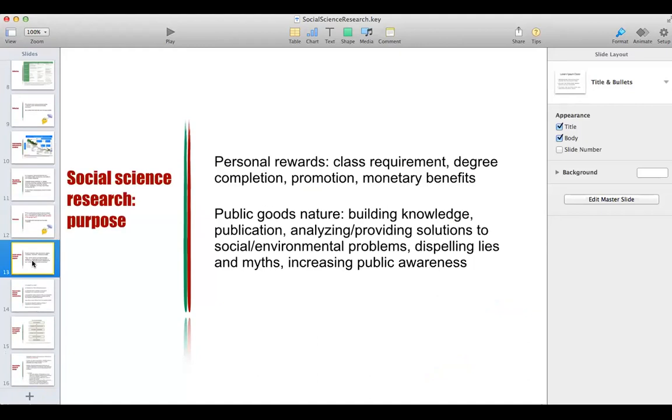So let's look now into this particular aspect. So we've talked about yung position in environmental science vis-a-vis doon sa environmental problem and addressing the environmental problem. Now we'll look into ano nga ba yung purpose ng social science research.